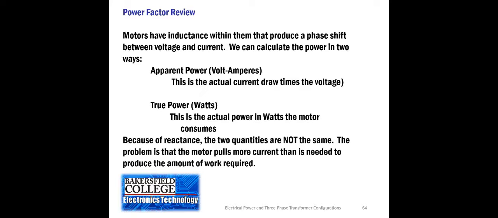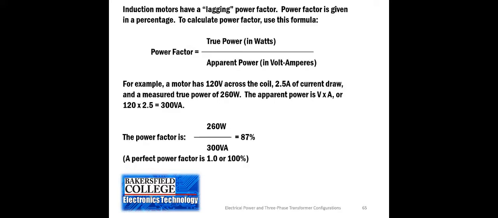These are not the same unless you have just resistance. If you have reactance because of the coils of wire, or if there are capacitors in the circuit, then it's going to be different. So power factor is simply a comparison of true power divided by apparent power.